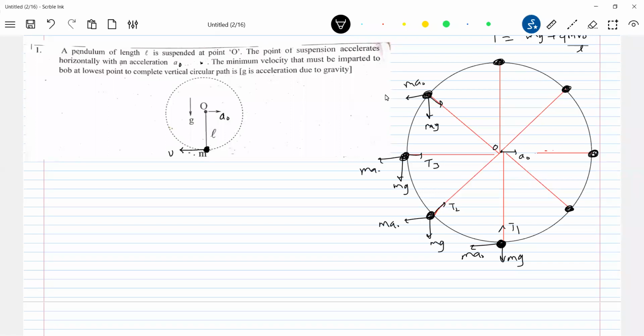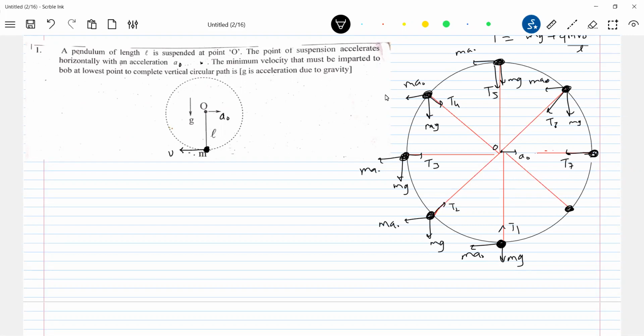Then I can get into the thing there. So here the pseudo force is ma naught, mg, and T5. Then ma naught, mg, and tension T6.